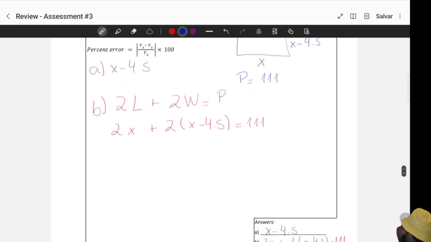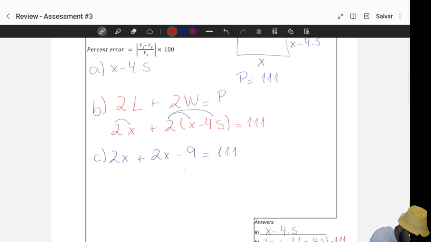Find the value of x. To find it, just solve this equation for x. 2 times x is 2x here. We don't know the x value. Plus 2 times x, 2x. 2 times negative 4.5, negative 9, equals 111.